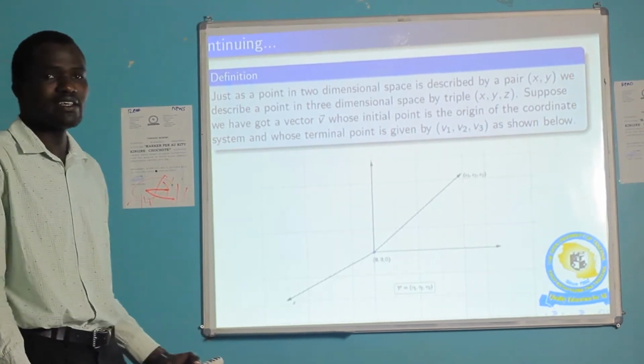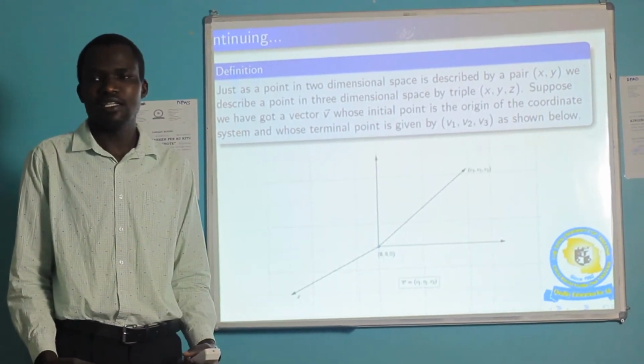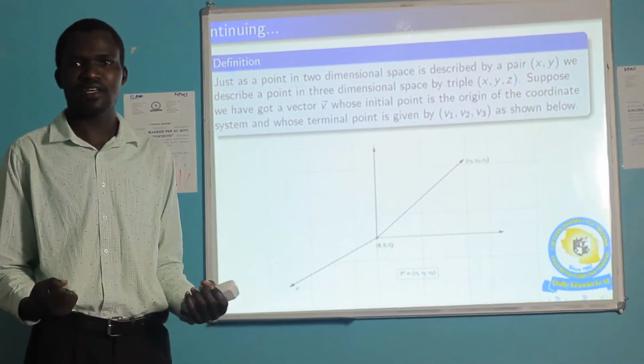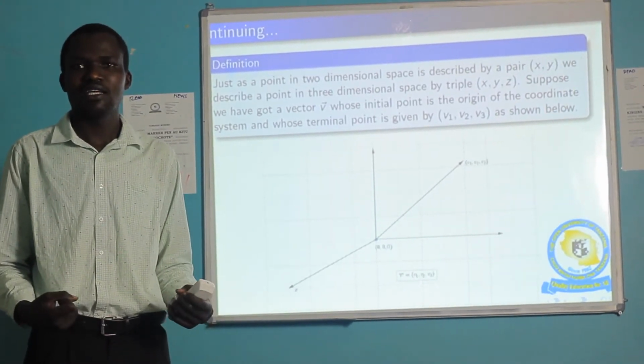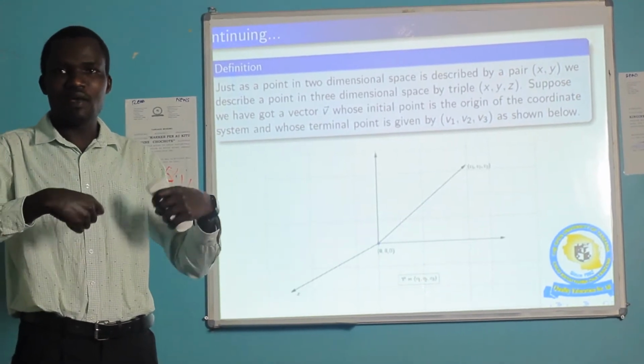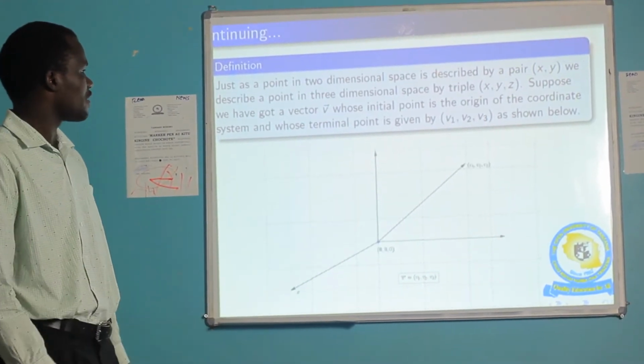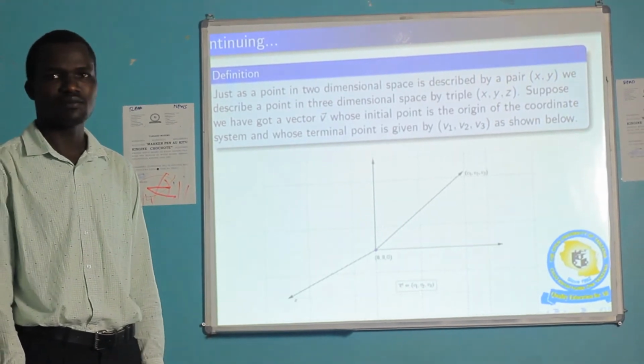So let's see vectors in 3 dimensions. As you have seen with vectors in 2 dimensions, which have a pair of entries, here we have triple entries.